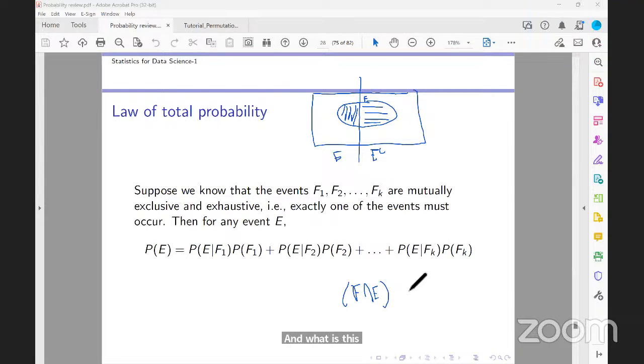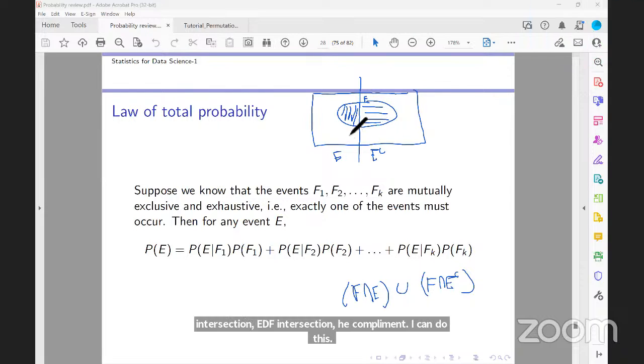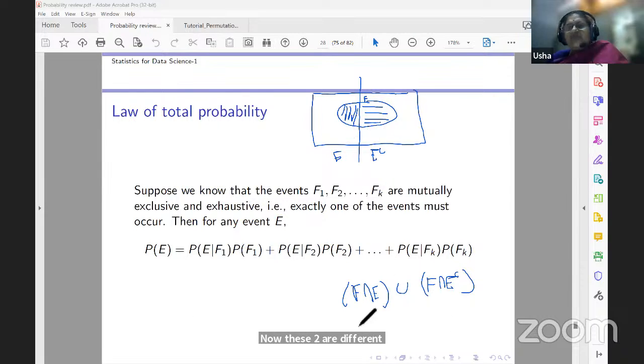E complement intersection F. I can write F as F intersection E union F intersection E complement. Now these two are disjoint. The vertical lines are disjoint from the horizontal lines. They are disjoint events.